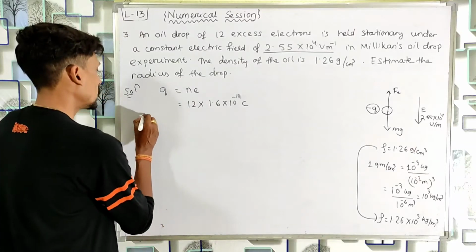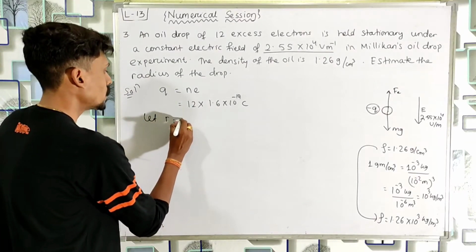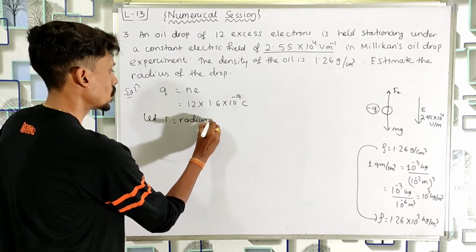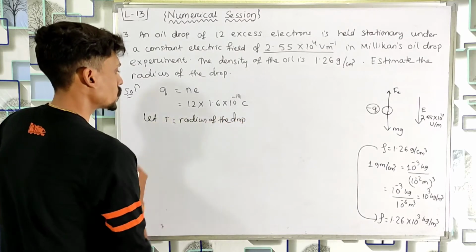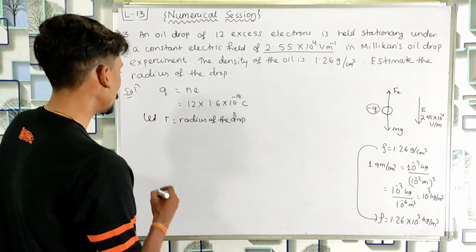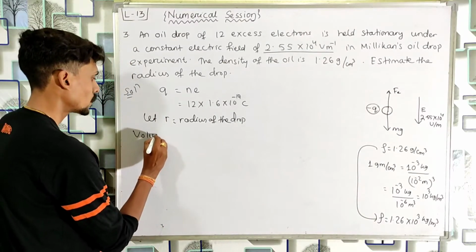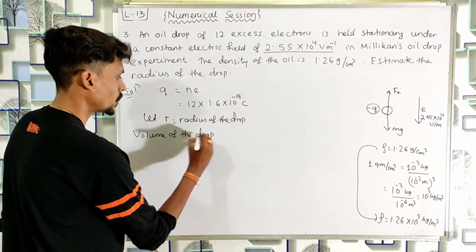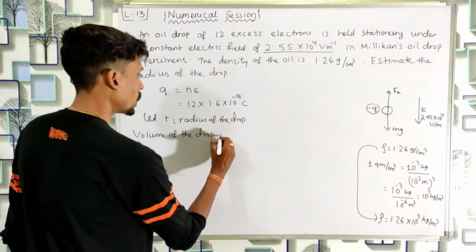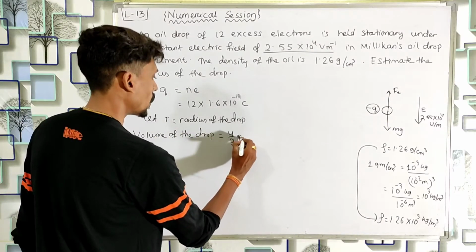Let us assume that R is the radius of the drop. Then what will be the volume? Volume of the drop will be how much? The drop is spherical in shape, so the volume will be 4 by 3 pi R cube.